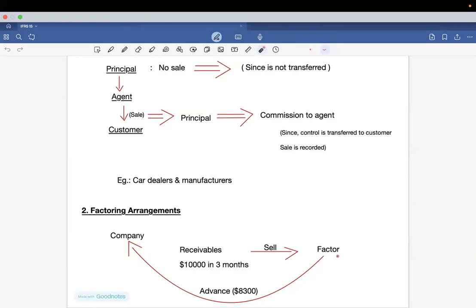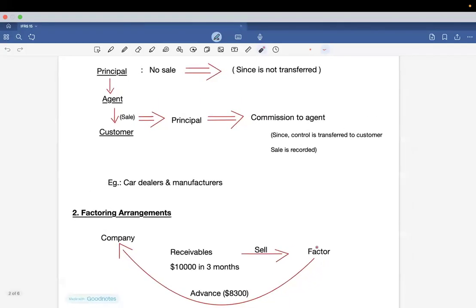Clear? And this is something you get early, because the customer said they would only pay after 3 months, but you are collecting the amount tomorrow itself, right? So that particular arrangement is called a factoring arrangement, and the person to whom you are selling this receivable is called the factor. But this is very risky.